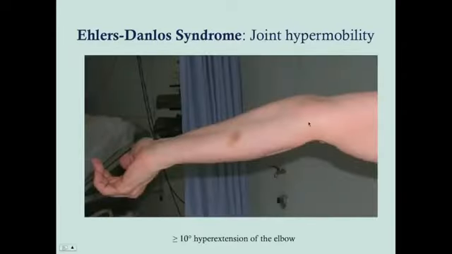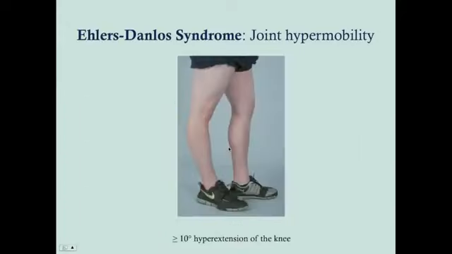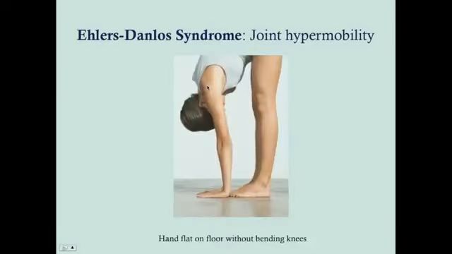So here you have hyperextension at the elbow. And this is obviously abnormal. You shouldn't be able to extend your elbow like this. And then also note the bruising. Remember that these patients are at risk for bruising. Here is more than 10% hyperextension of the knee. And then this patient is able to put their hands flat on the floor without bending the knees.